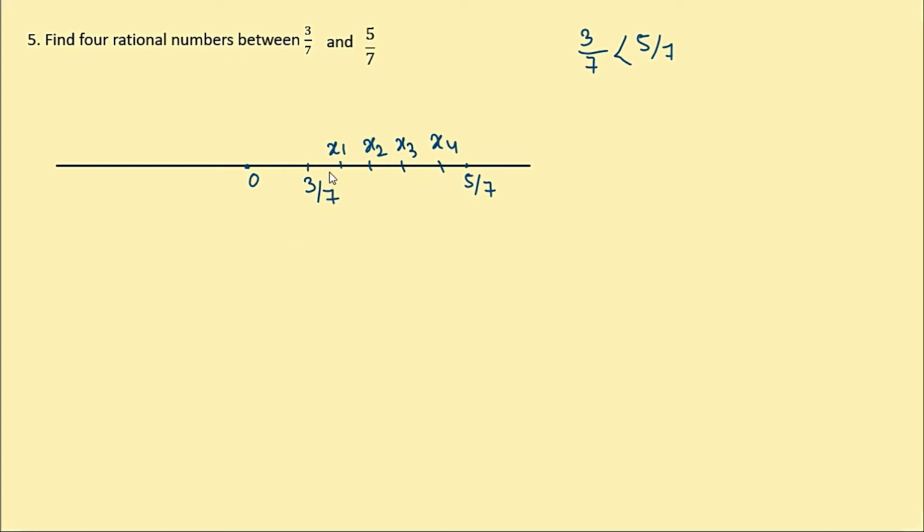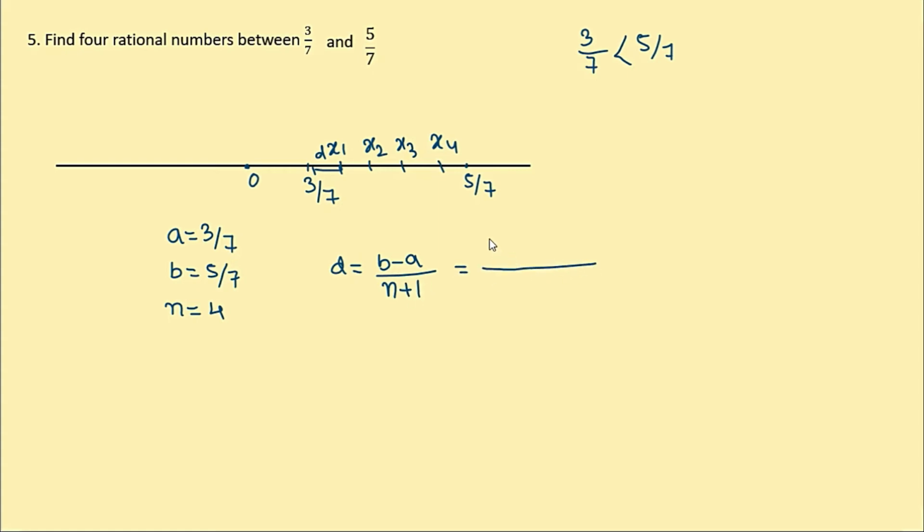So here you are to find out the common difference, that is D. So how will you find out D? If A equal to 3 by 7, B equals to 5 by 7, how many rational numbers you are to find out? 4 rational numbers. So n equal to 4. So the common difference is given as B minus A by n plus 1.